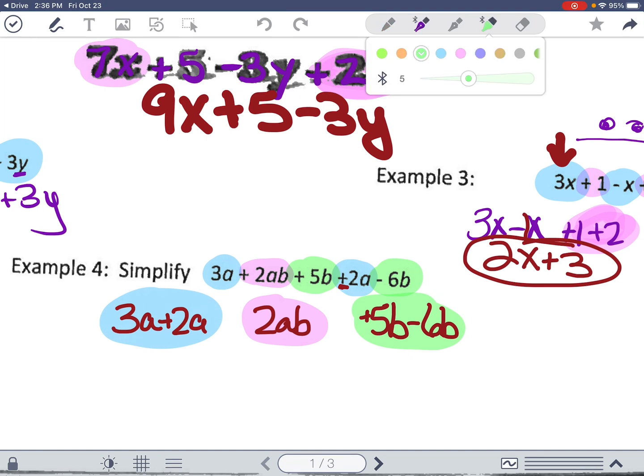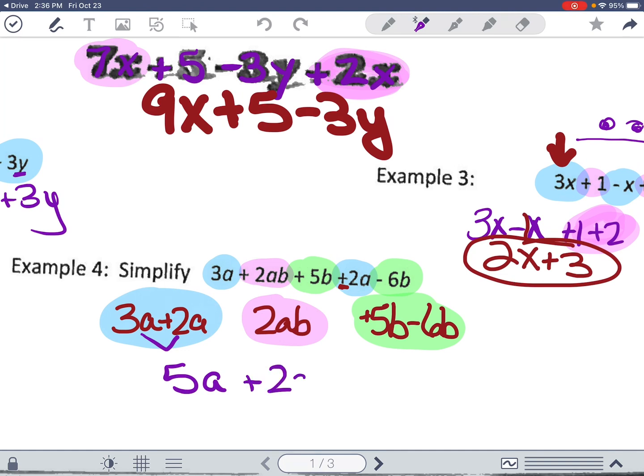And I'm going to get my final answer. 3 plus 2 is 5a. This is a positive 2ab, so I have to put the plus sign there. And this is a positive 5, take away 6, which is a negative 1b. But actually, I don't have to have that invisible 1. I can just put minus b. This is the final answer.